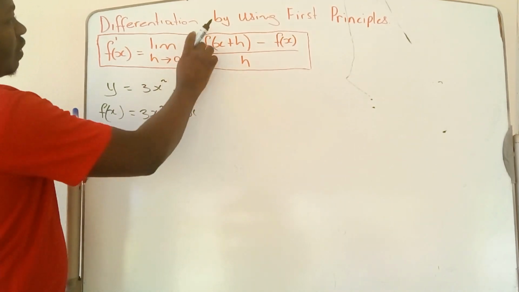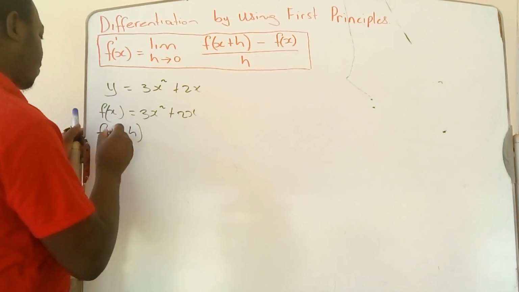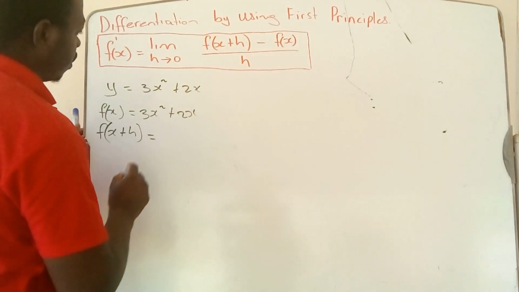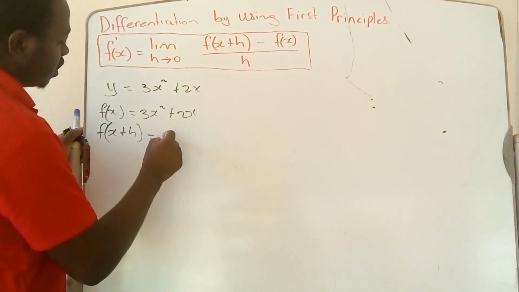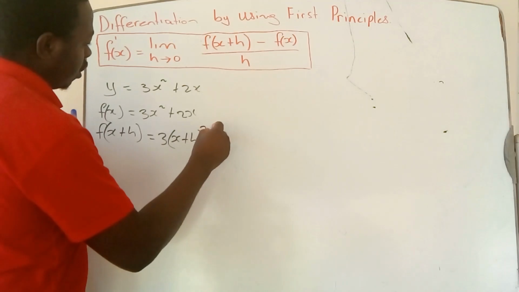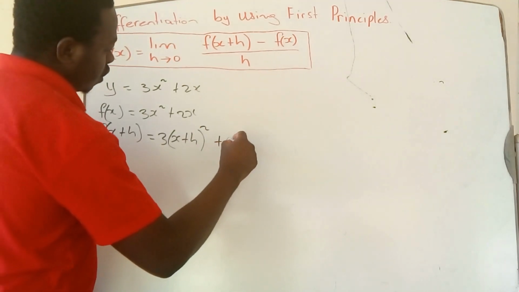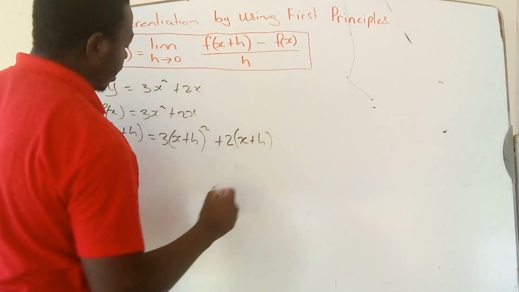We know we need f of x plus h, which is equal to, anywhere you see x in this function, put x plus h, so this is 3 times x plus h, all squared, plus 2 times x plus h, right?